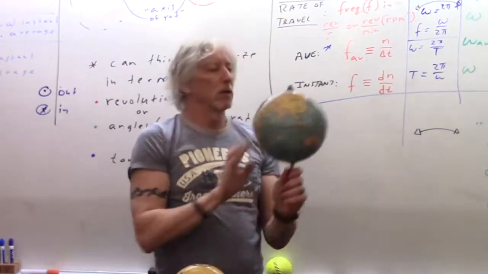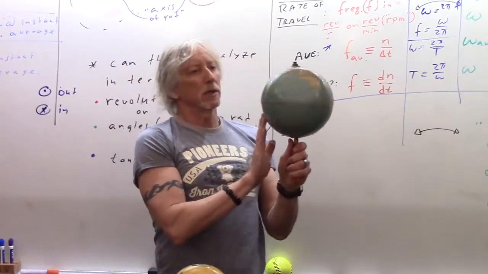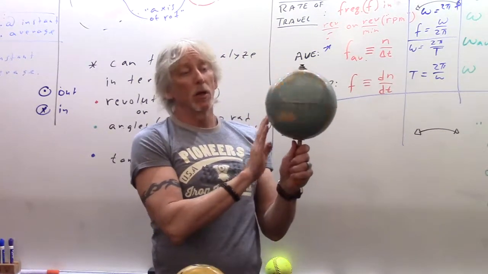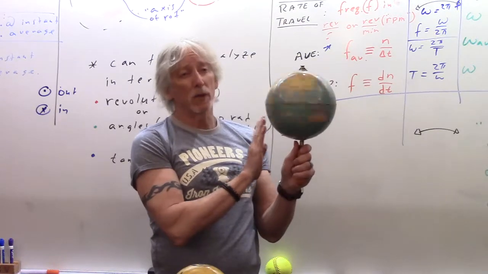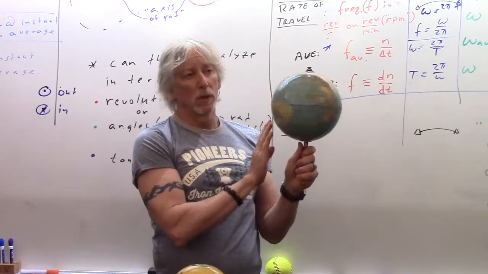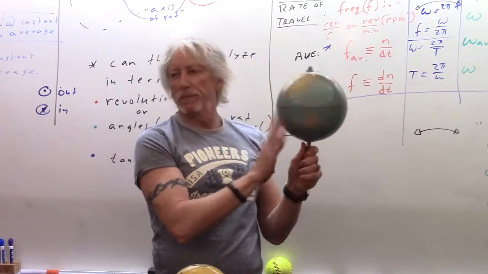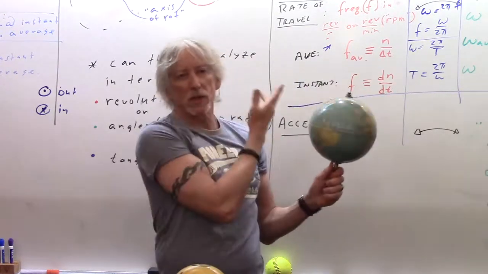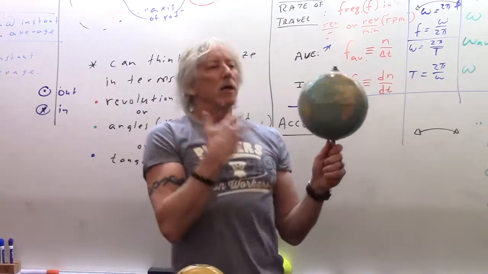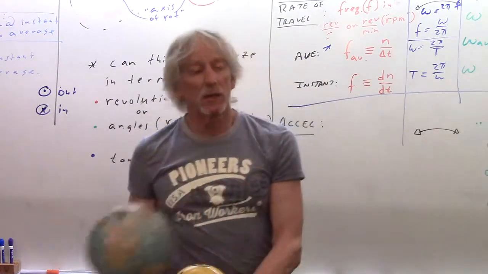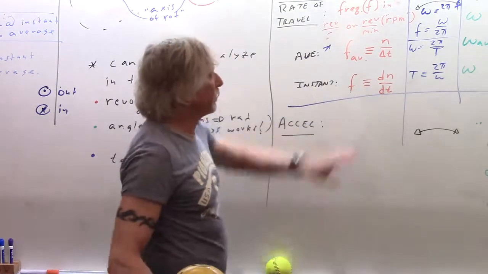A slow spin takes a long time. Low frequency, high period, long time. High frequency, short period, inverse. The units tell you that, the concepts tell you that. Spend time getting this. This is critical as you go on.